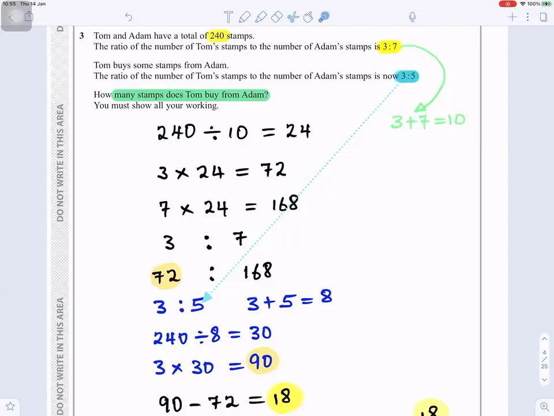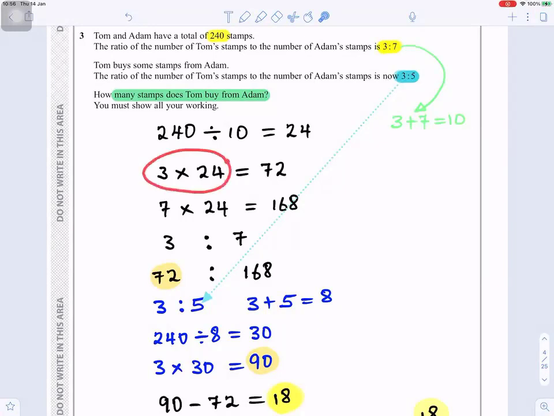So in the beginning, 3:7, we add 3 plus 7, that gives us 10. That's 10 parts altogether. And there were 240 stamps. So we should do 240 divided by 10. It gives us 24. Now, Tom had 3 parts of the 3 to 7.